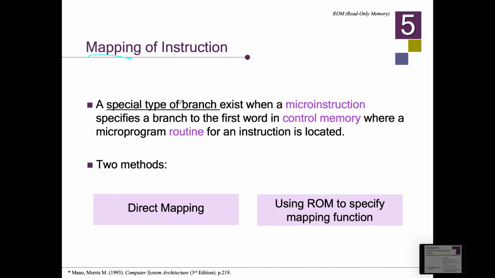A special type of branch exists when a micro instruction specifies a branch to the first word in control memory where a microprogram routine for an instruction is located. So two methods, as I mentioned previously: first is direct mapping, second is using ROM to specify the mapping function.